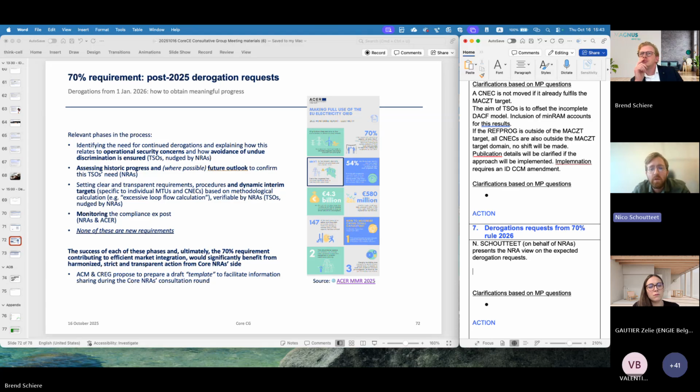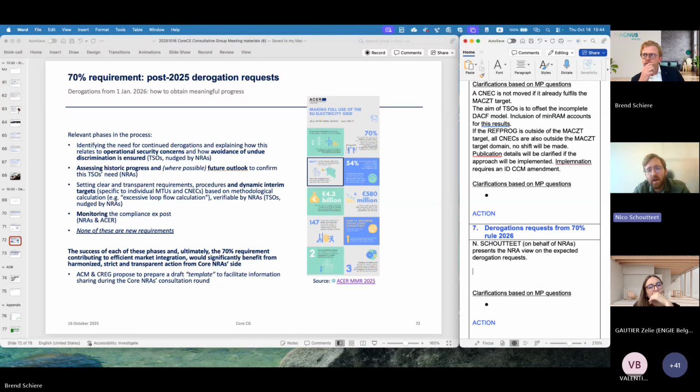That's an obvious one. So we need to clearly establish that there's a need. We need to clearly establish that these operational security concerns still persist after the 1st of January of next year onwards. And now we have to consider how, with that in mind, we ensure that the solution that we implement, so the solution being the derogation, avoids undue discrimination. So this is a task for TSOs. This is something that we, from the NRA's perspective, try to push our TSOs to consider as much as possible.